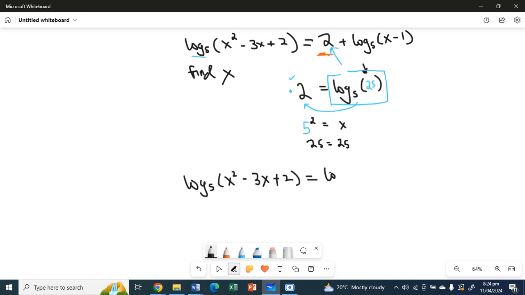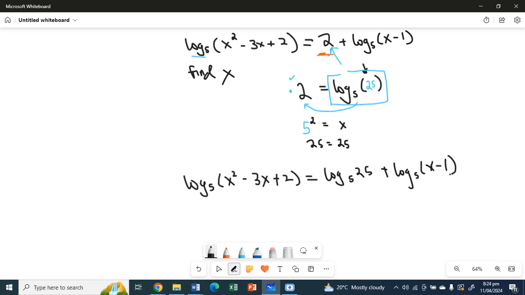So say log 5 of 25 plus log 5 of (5x minus 1).